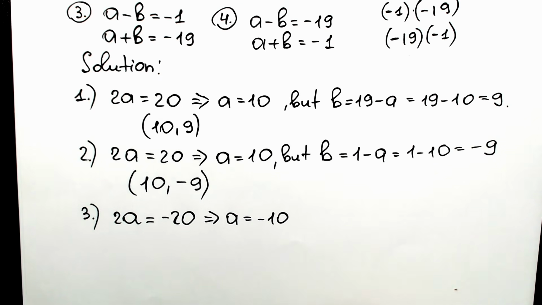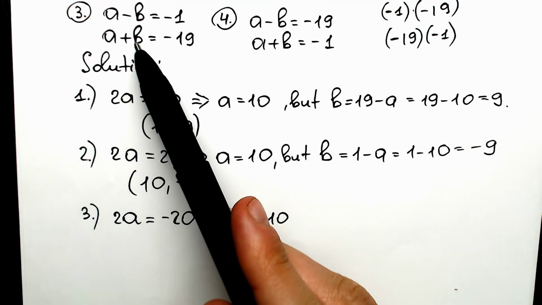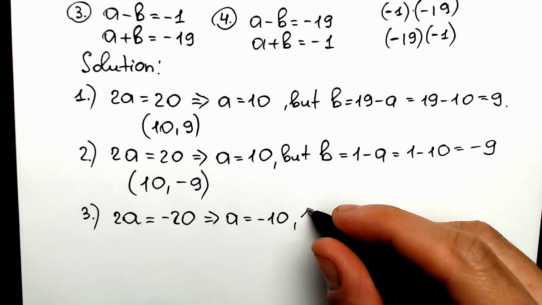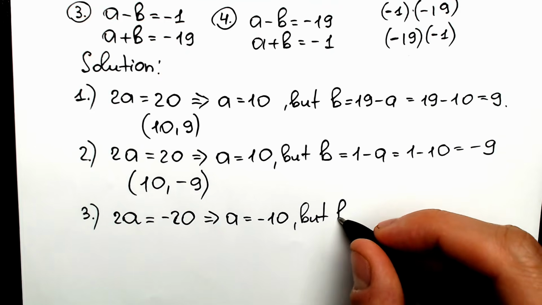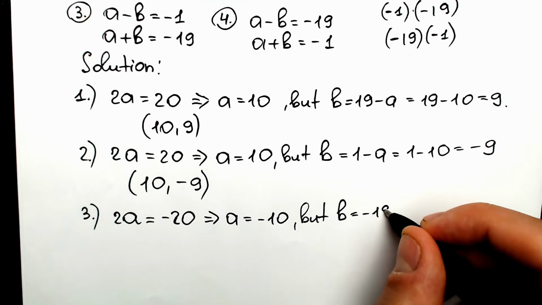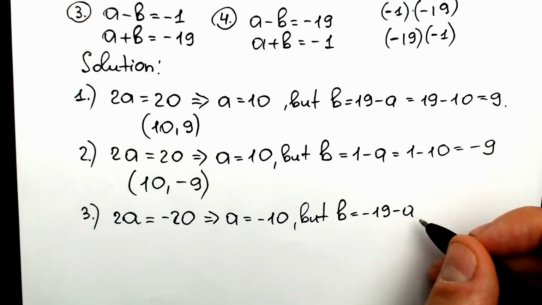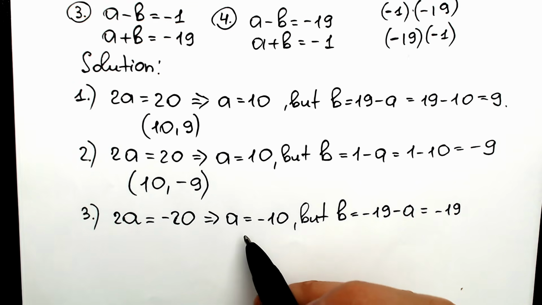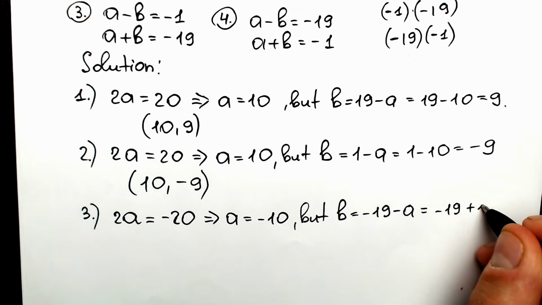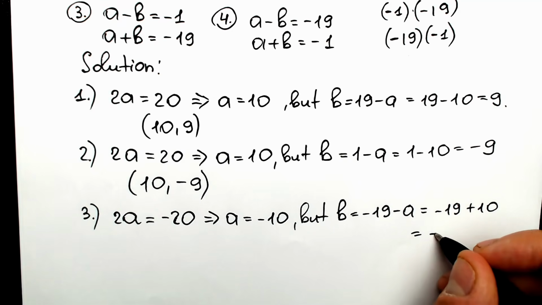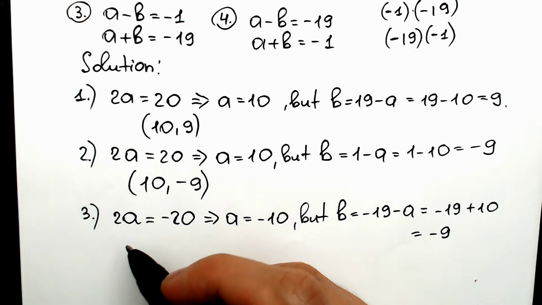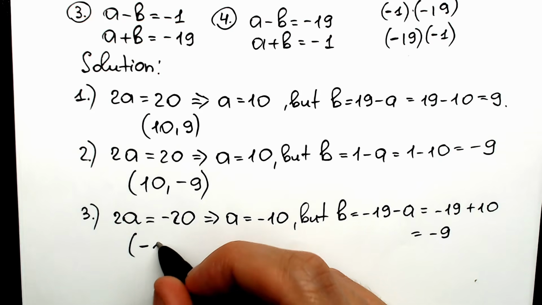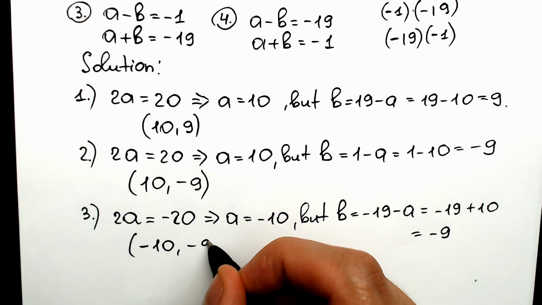And b equal to minus 19 minus a. In our case, we have minus 19 minus minus 10, so we have plus 10, which is equal to minus 9. So our third pair, minus 10 and minus 9.